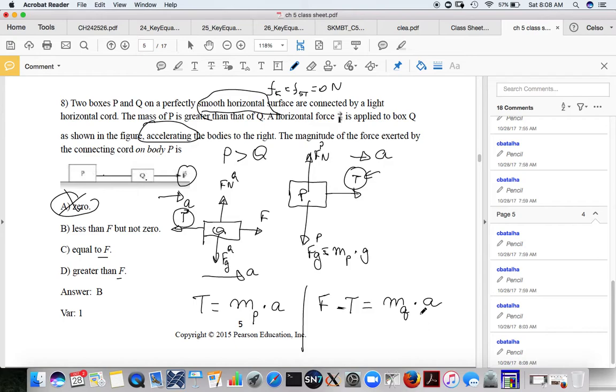This is what I know, right? And I want to find a way to relate T with F, and I can do that if I switch around here, and then I find that tension is equal to F minus something, which means tension is less than F.